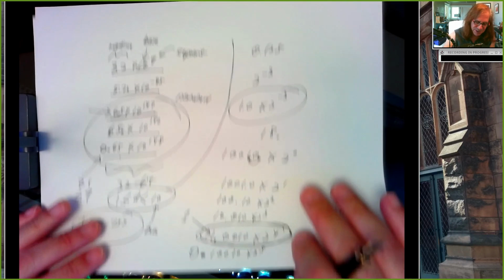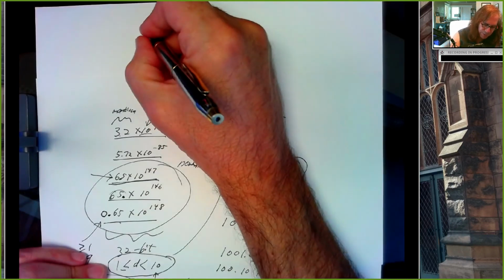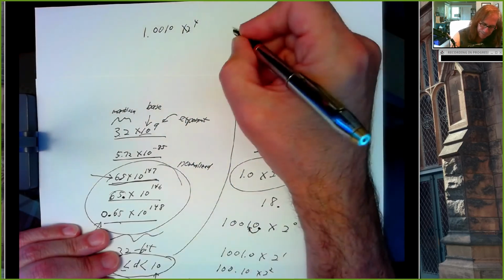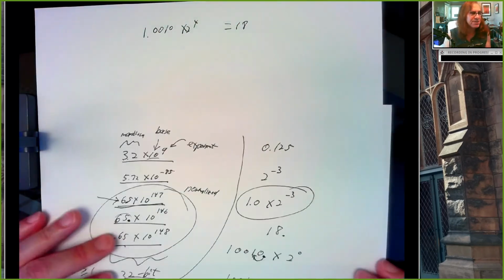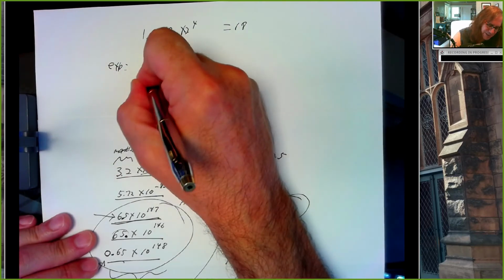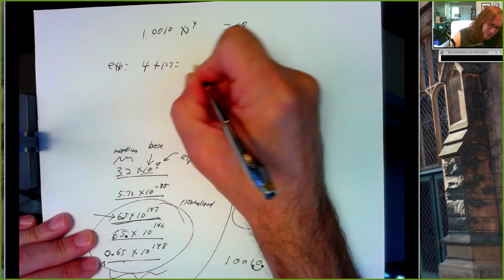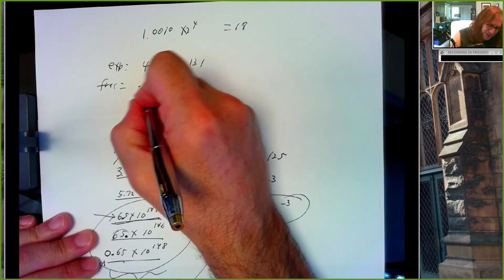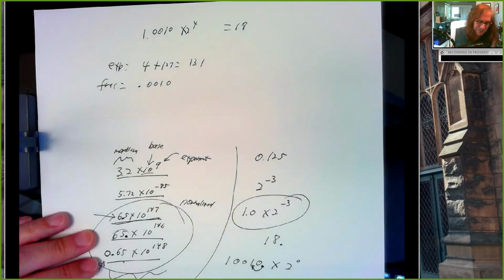So if I wanted to code the number 1.0010 times 2 to the 4th, this is the number 18, I would store the exponent as 4 plus 127 equals 131, and I would store the fraction as 0010.